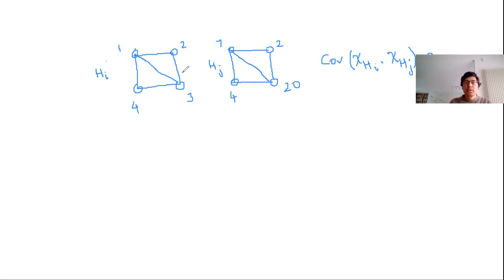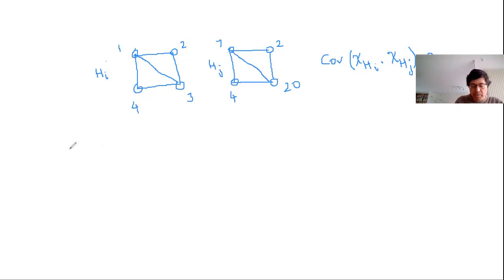So knowing that this particular subgraph is present tells you nothing about whether this subgraph Hj is present or not, because you don't know anything about any of the edges of this subgraph. Okay, so that's one possibility.